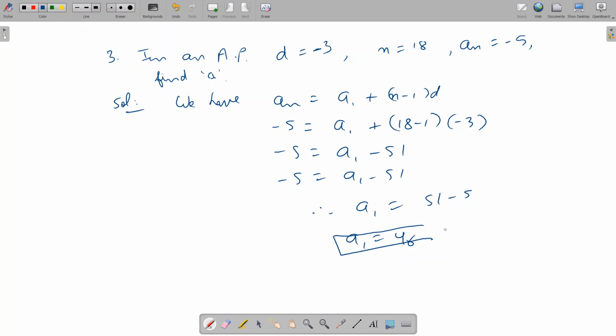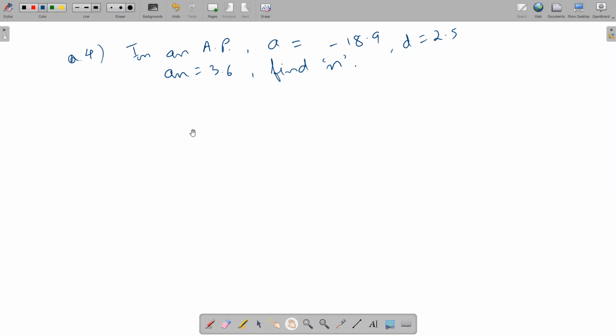So this is our solution. Here let me do the correction. a1 we have to write is equal to 46. So here I will do the erasing work. So here you can write a1 equal to 46.